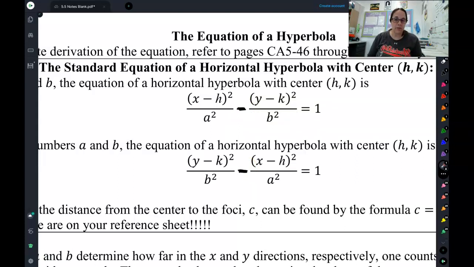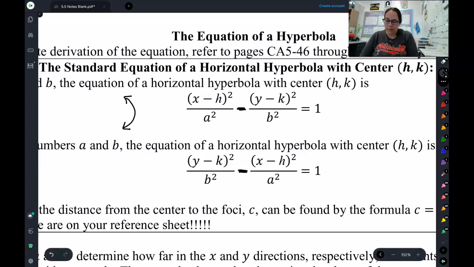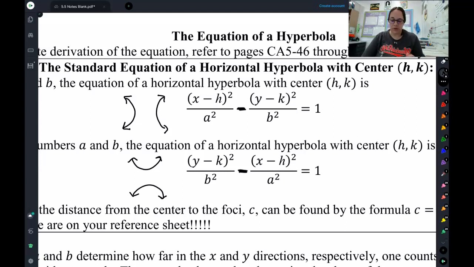Now let's talk about the difference between the two equations. If x comes first, so x minus y, that means the branches of your hyperbola are going to go side to side. If y comes first and then you subtract x, that means the branches of your hyperbola will go up and down. So that's the difference between the two equations.